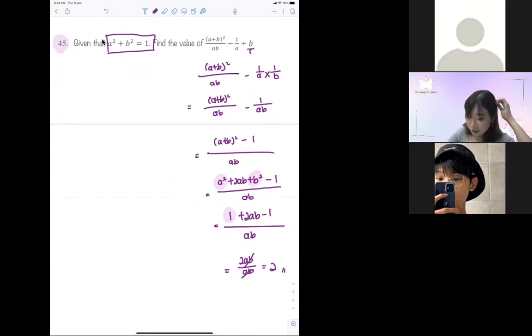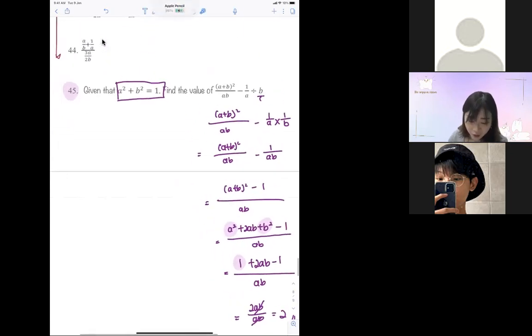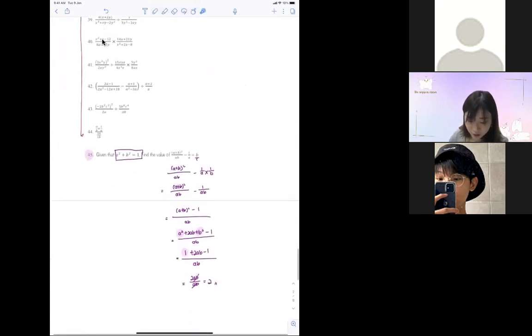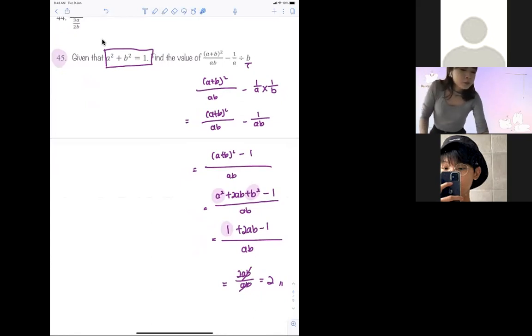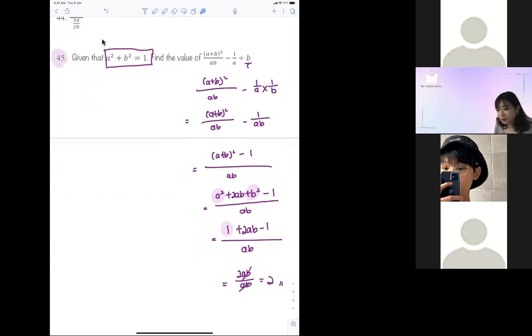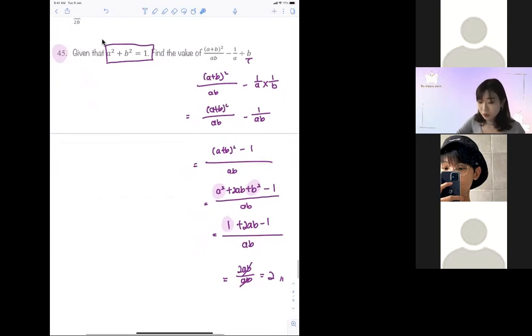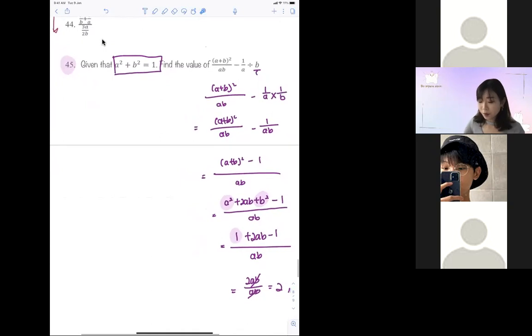Okay, can you notice this is the same worksheet as I used previously, the algebraic fraction one. Question 38 to 44 is homework, so I'm just going through the last question. Okay, this one is the same worksheet as the previous one, the algebraic fraction.